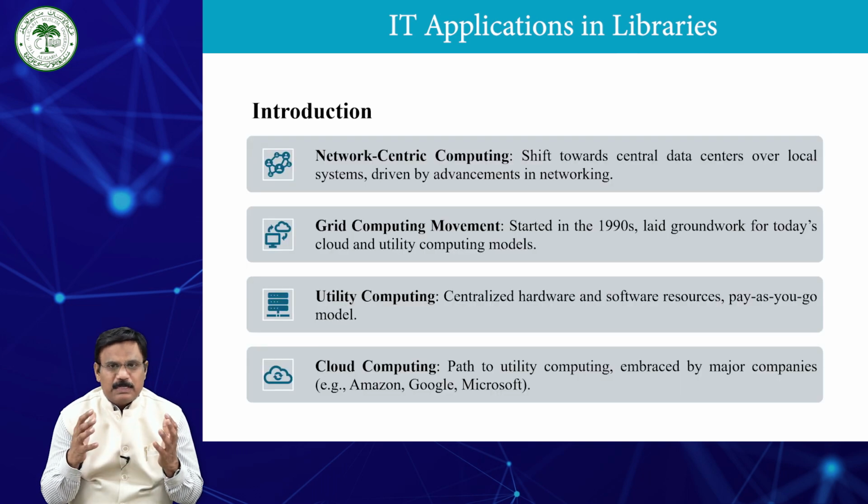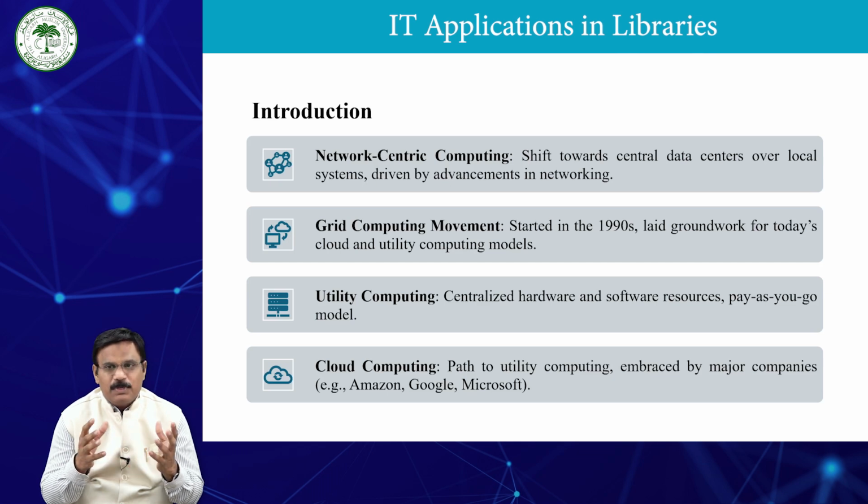Over the last decades, we have reinforced the idea that information processing can be done more efficiently, that is, centrally, on large farms of computing and storage systems accessible via the internet.